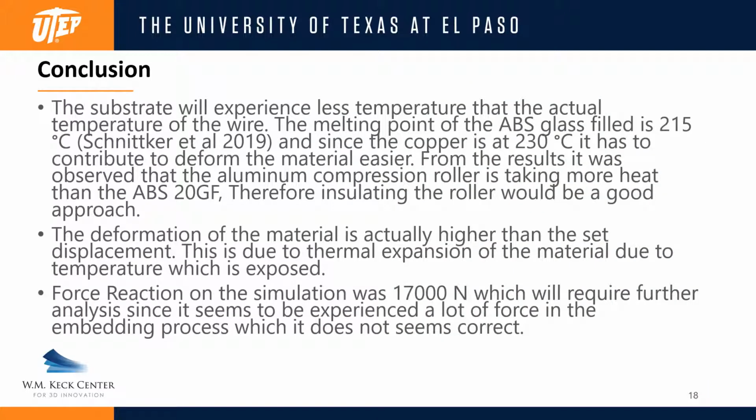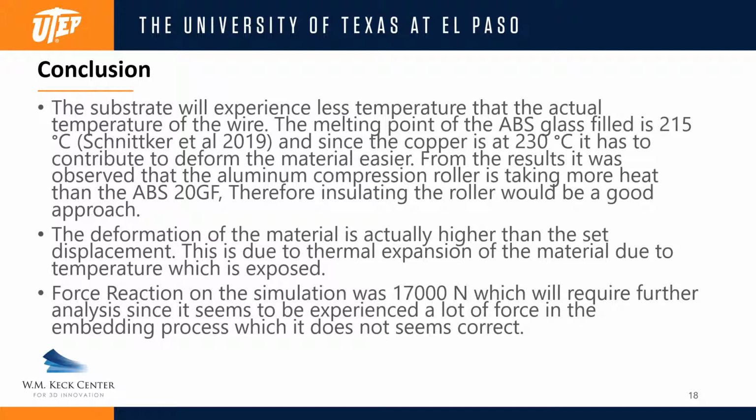So in conclusion, the substrate will experience less temperature than the actual temperature of the wire. The melting point of the ABS glass filled is 215 degrees Celsius, and since the copper is at 230, it has to contribute to deform the material easier. Again, from the results, we observed that the aluminum roller was taking more of the heat than the ABS, so a possible solution would be insulating the aluminum application roller to have better heat transfer to the substrate.